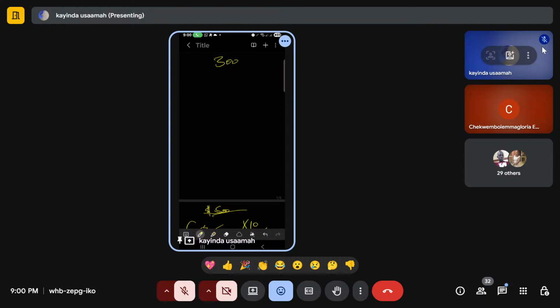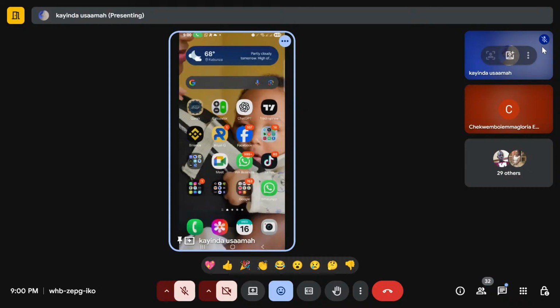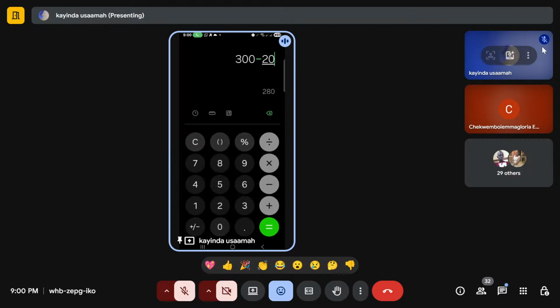Let's assume 300 and our first buy amount is going to be 20. We are doing the double bottom strategy. The first buy amount is 20.